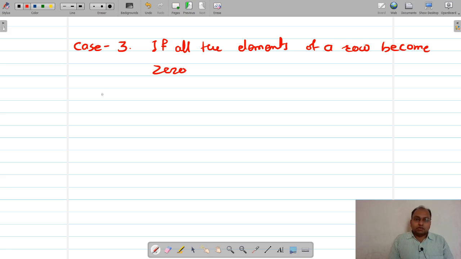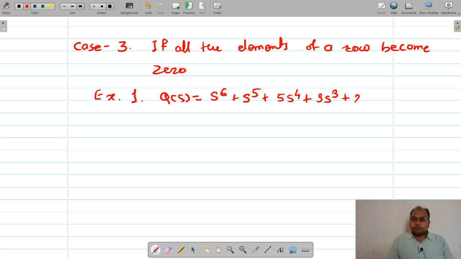So, example number 3, let us say 1. Q of s is equal to s raised to 6 plus s raised to 5 plus 5s to the 4 plus 3s cube plus 2s square minus 4s minus 8 is equal to 0.